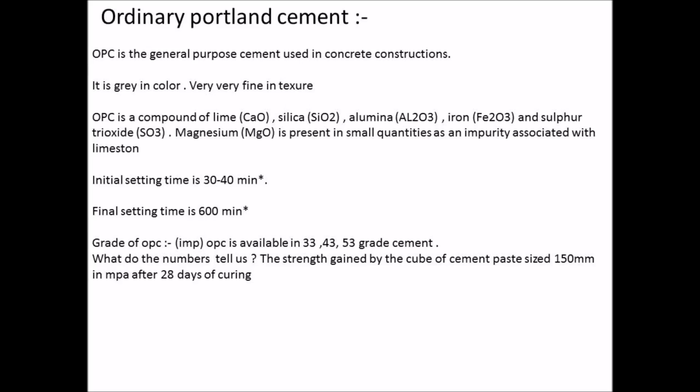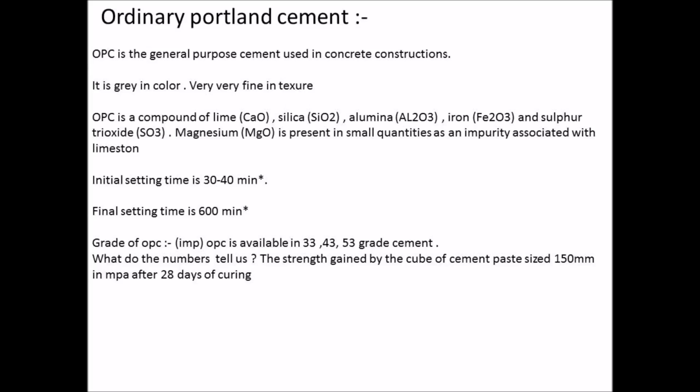Simple, no? It's grey in color, but nowadays white ordinary Portland cement is also available. It's very fine in texture. OPC is a compound of lime, silica, alumina, iron, and sulfur trioxide. Magnesium comes as an impurity with lime.